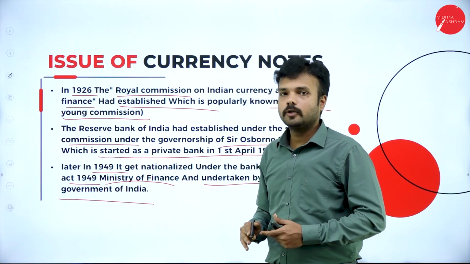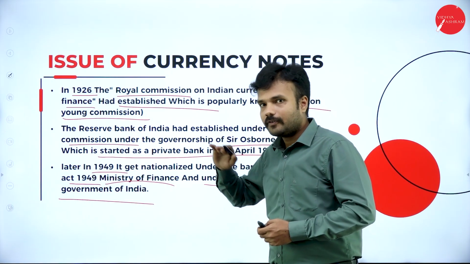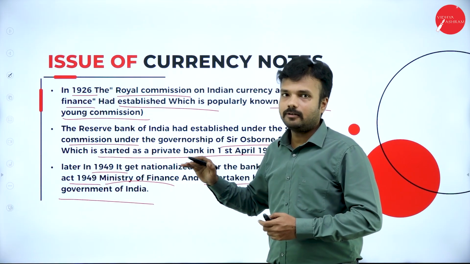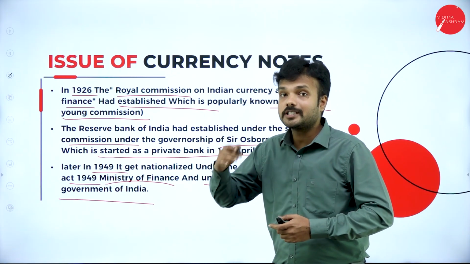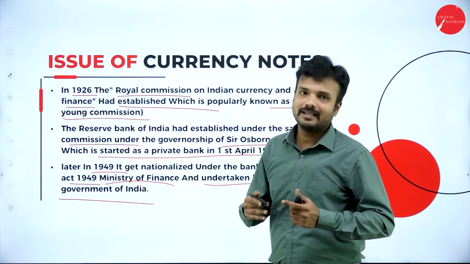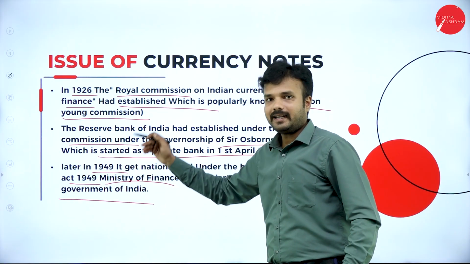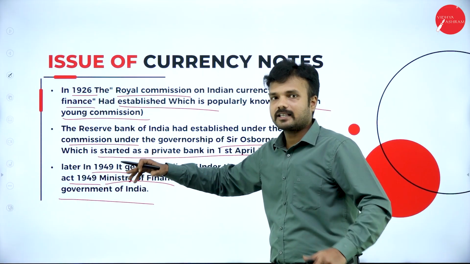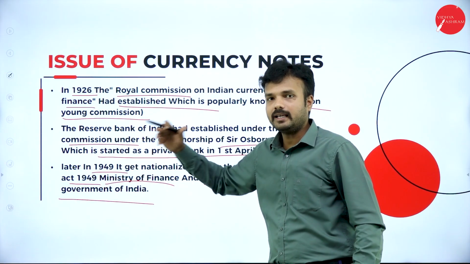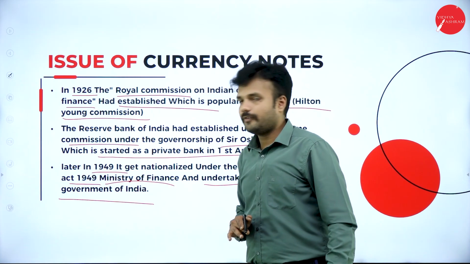Sir Osborne Smith is the first British governor, but Sir C.D. Deshmukh is the first Indian governor. The current governor of the Reserve Bank of India is Sir Shaktikanta Das. After 1949, it was nationalized and completely taken over by the Government of India under the Ministry of Finance.